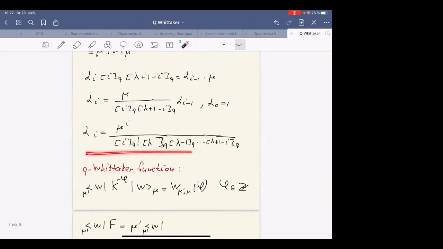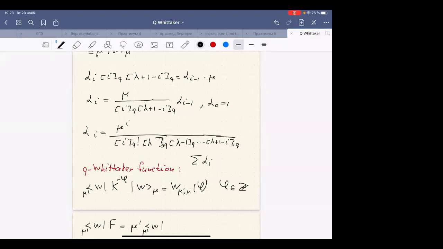Yes. Okay, now suppose we construct a function, the sum over all i of alpha_i times phi to the i. So we obtain a function of phi. Originally the Whittaker vector was alpha_i times f to the power i acting on vector v, where f is capital F in the quantum case.